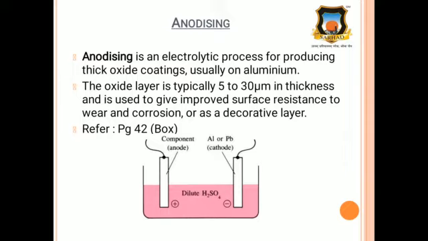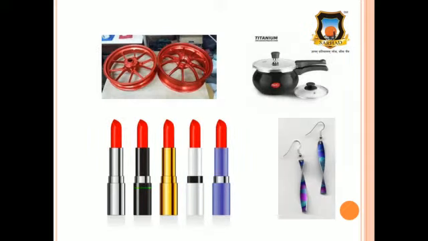Here I have listed you some of the substances which are anodized. You can see that wheel, जो ये कार का अलॉयड व्हील होता है, उसके ऊपर कलर्ड कवरिंग के लिए. ये जो आजकल आप देखते होंगे प्रेशर कुकर वगैरह रेड कलर में, ब्लैक में, ब्लू में आने लगे हैं, these are also covered by the same method of anodizing. ये जो कॉस्मेटिक्स के जिसके अंदर कॉस्मेटिक्स होते हैं, वो जो बर्तन होता है वो कवर्ड होता है.